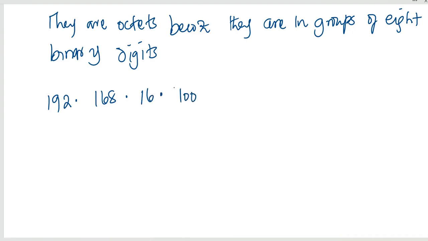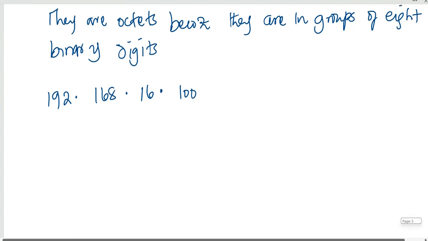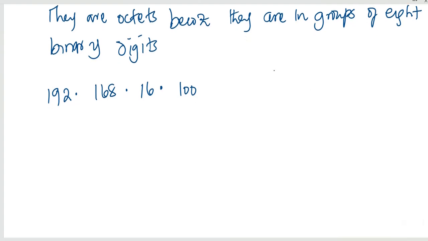So that's why the binary conversion system becomes very important, because this IP address is actually, when you go into computer networking systems, there is a lot of technology involved, which is always hidden away from us.